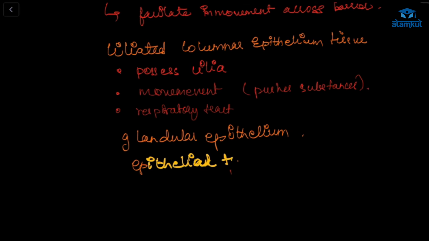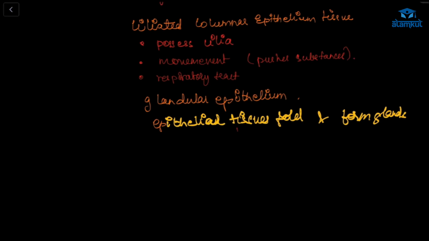Epithelial tissues fold and form a gland. What is a gland? It is an organ that makes one or more substances, like salivary gland. Yes, correct.